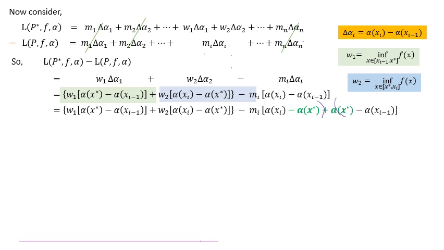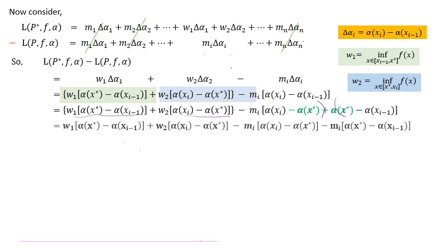together, x sub I minus alpha x star matches this part here, and alpha x star minus alpha x sub I minus 1 will match that part here. So we end up with that here.